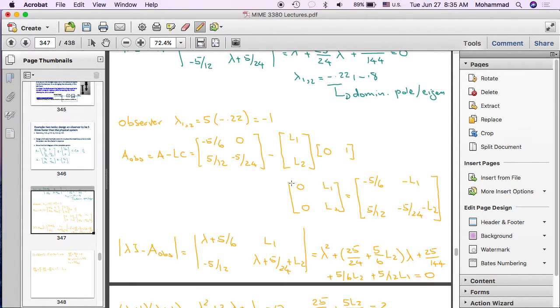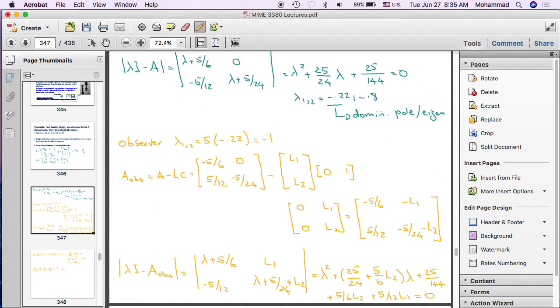Again, the question is, which one of the two open loop eigenvalues is the dominant one? We agreed that the one at minus 0.2 was the dominant one.